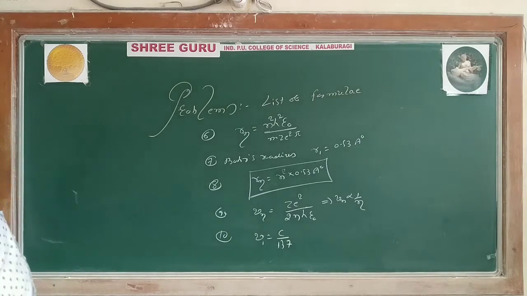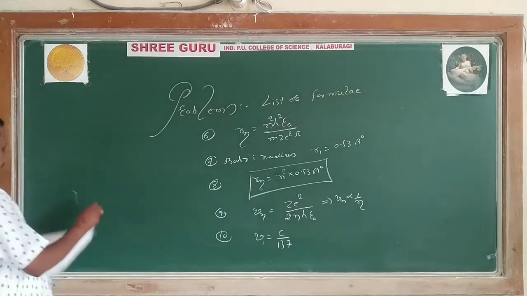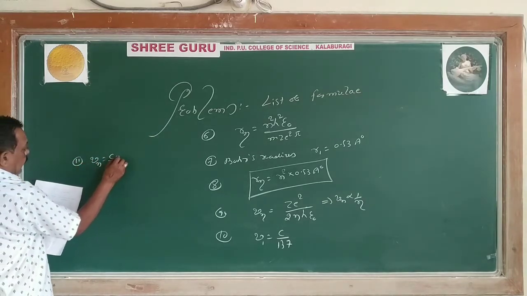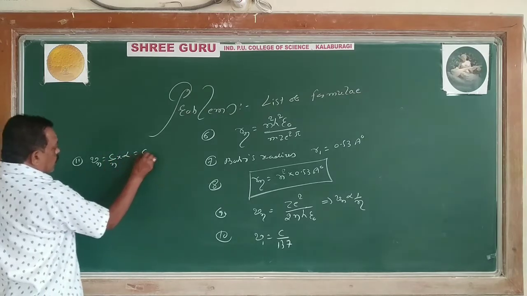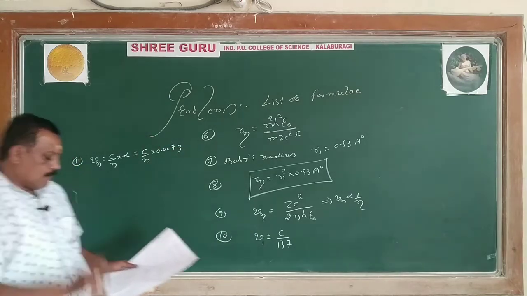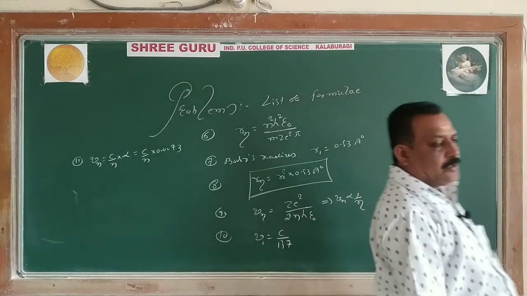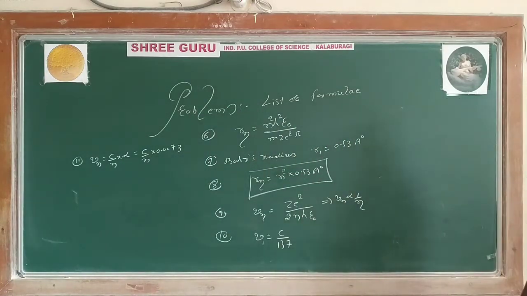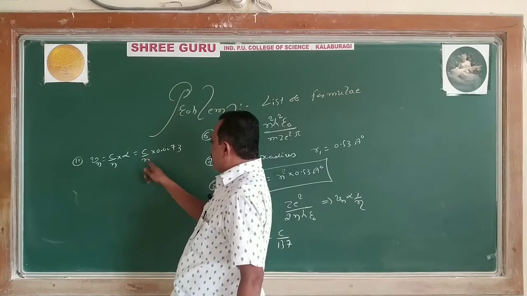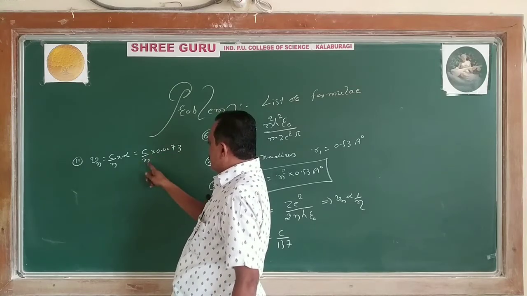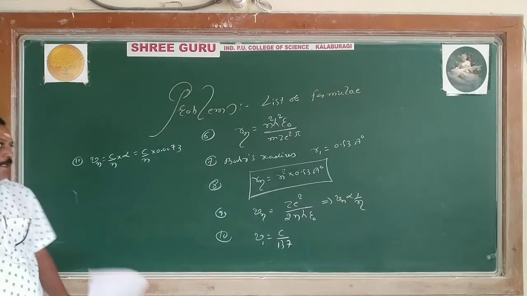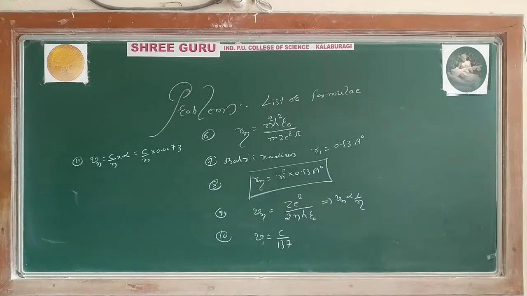Then the nth orbital velocity is nothing but c by n into alpha, where alpha equals 0.0073, which is a constant value. For the first orbital velocity, c by 1 into 0.0073; second orbital velocity, c by 2 into 0.0073; third orbital velocity, c by 3 into 0.0073. Shall I go for nth orbital energy?